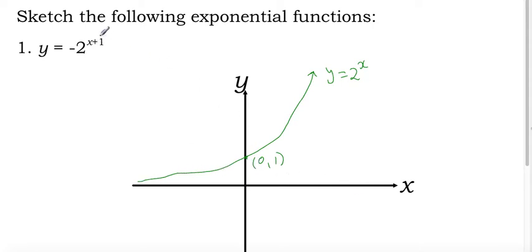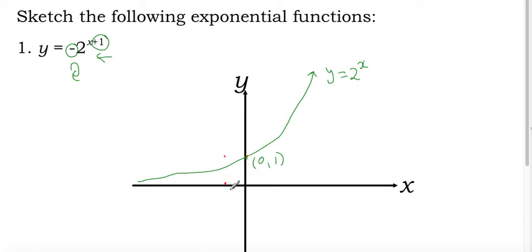Now, it's x plus 1. You should always do the things with the x first. So plus 1 means everything's going to get shifted horizontally to the left. The negative means the whole function's going to get flipped about the x-axis. Let's do this shift first. So let's do it in stages. I'm going to move it across 1. So this point would now move over to there.